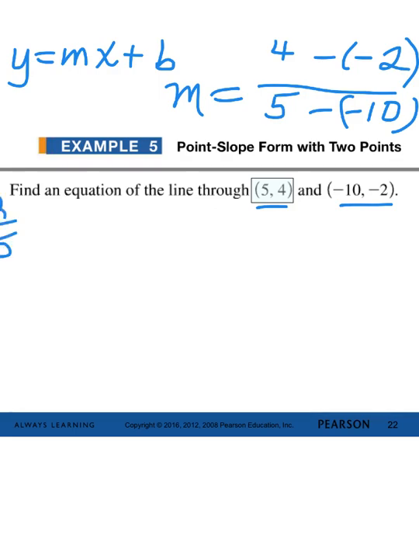And now I can choose either point to be my x, y. And I'm just arbitrarily picking the one that has single digits because the math is easier. So I'm going to go back with y equals mx plus b. My slope is 2/5.